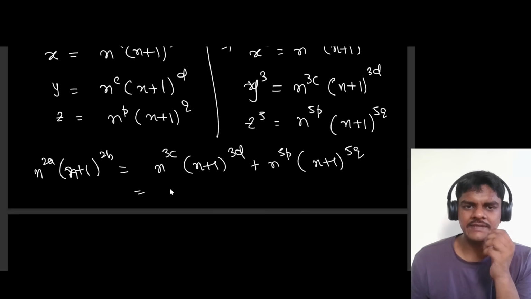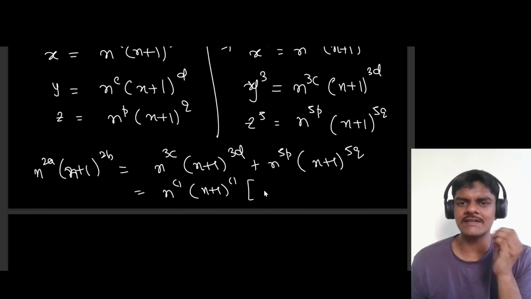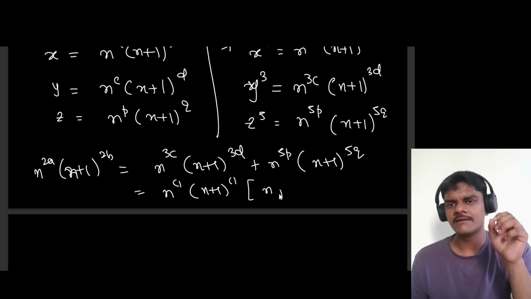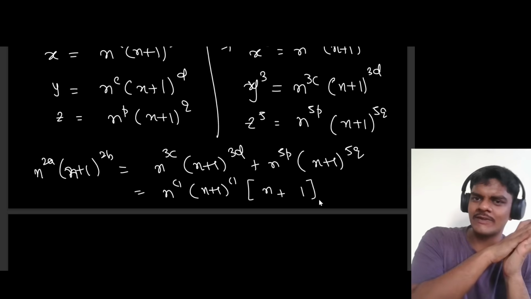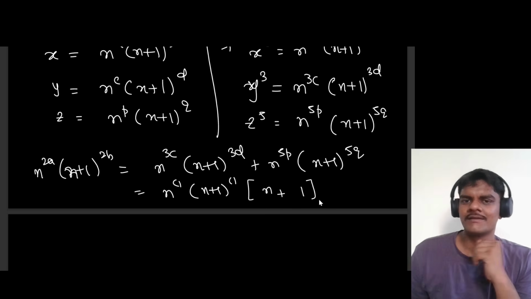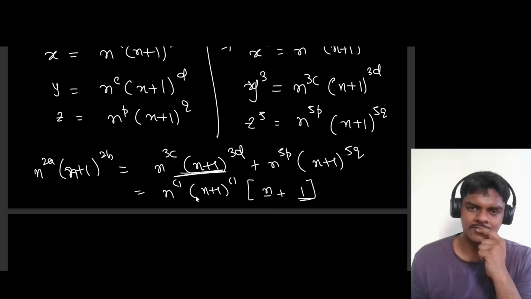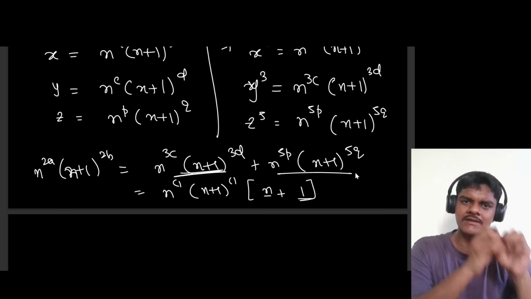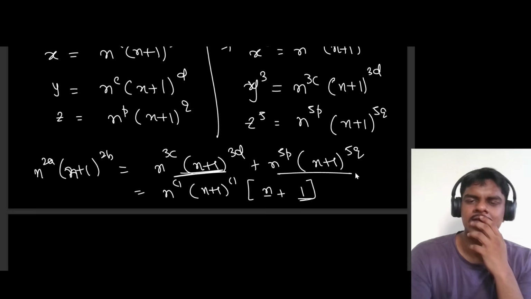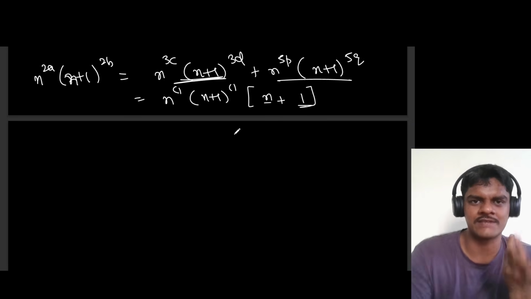Now I want to take something common, n power something, n plus 1 power something, such that we should be left with only n and 1. So one of these should give you n, and the other should give you 1. So basically, I'm taking the whole of this common, and only n is being left here. So is that possible? That's the idea which I wish to chase.